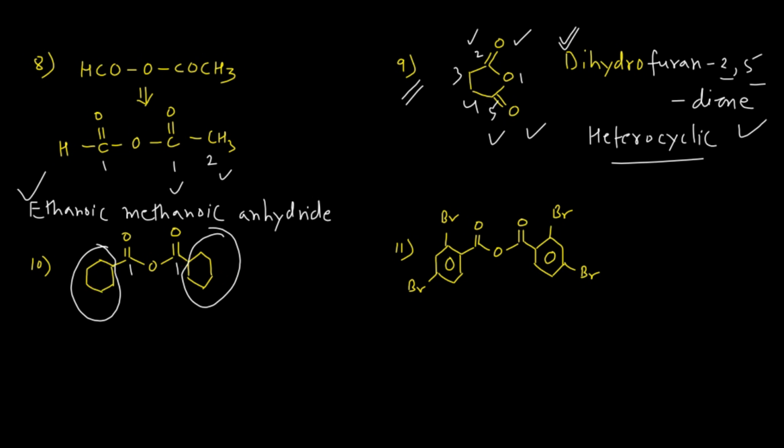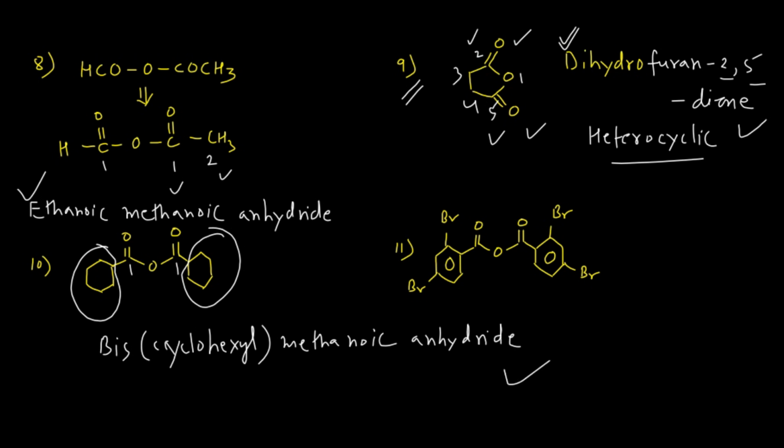So in order to show the complex nature, you will write bis for this one. Okay, and this cyclohexyl, you will write cyclohexyl. Okay, and then you will close the bracket, and then you will write methanoic, and then you will write anhydride for this one.